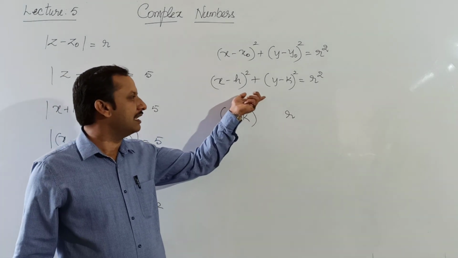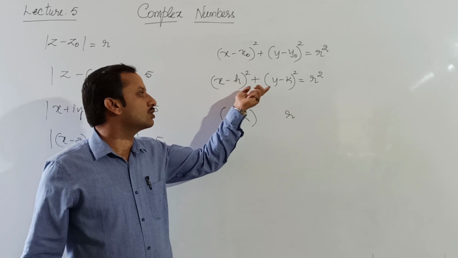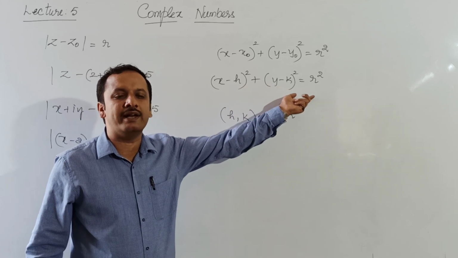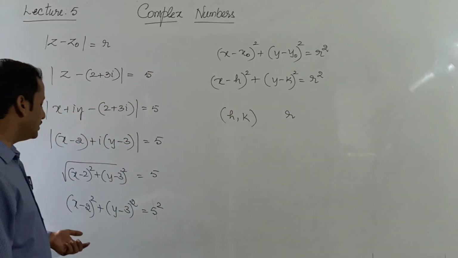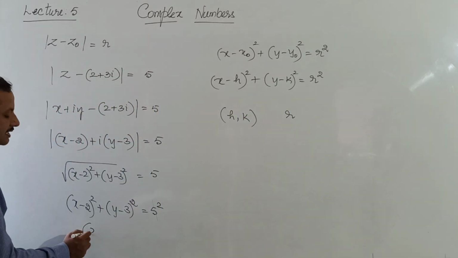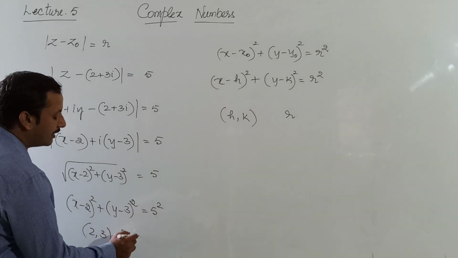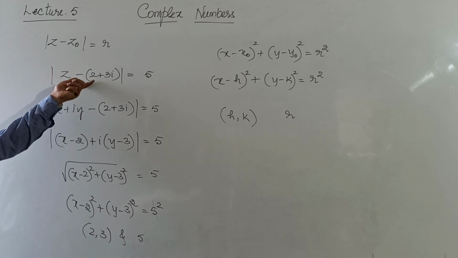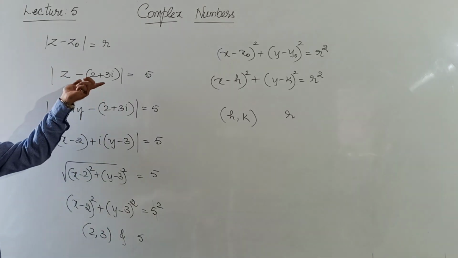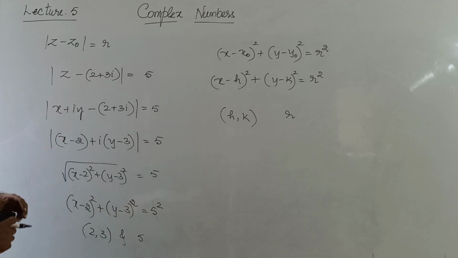We are very well aware that x minus h whole square plus y minus k whole square equals r square represents a circle with the center at h, k and radius r. So this represents a circle with the center at 2, 3 and radius 5. Actually, without doing all these things, just by looking at this equation you can identify.